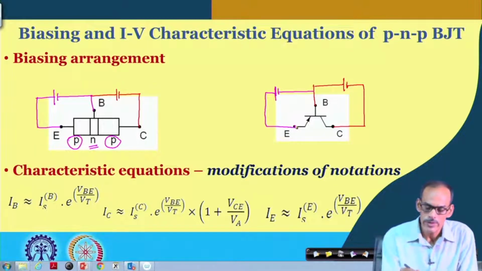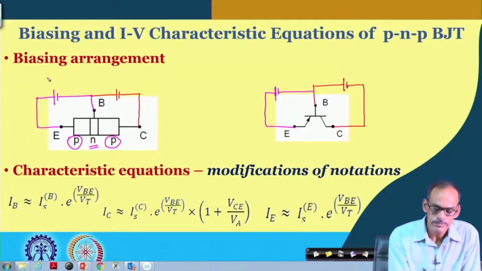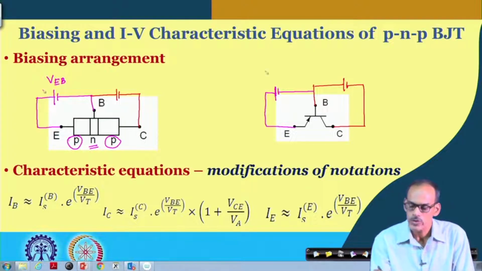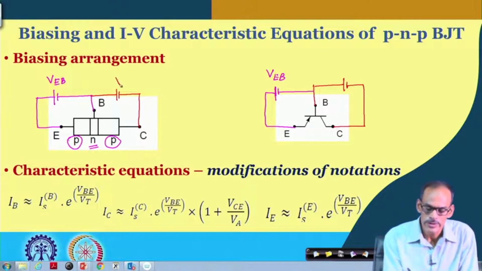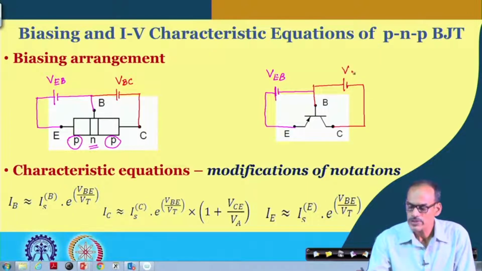Since the positive side we are connecting to the emitter, we call it VEB. So, actually it is VEB. On the other hand, we do have the other voltage, this is VBC.